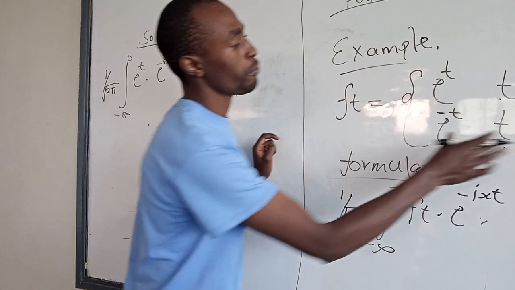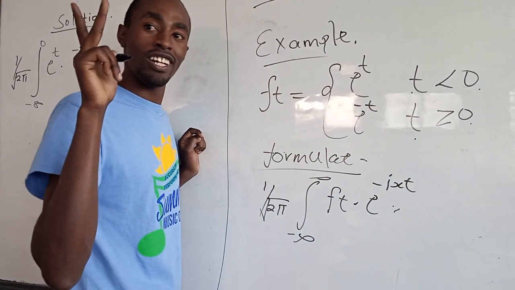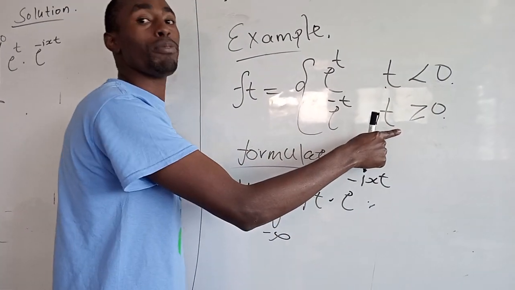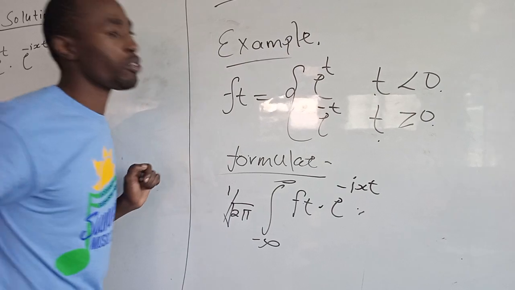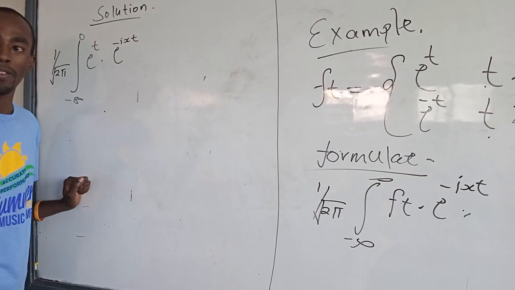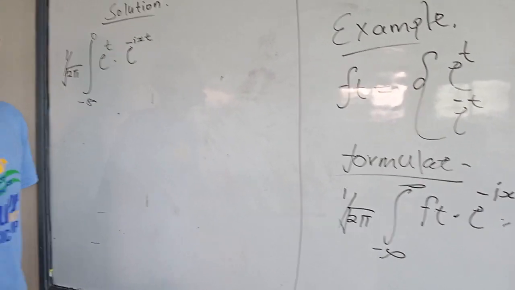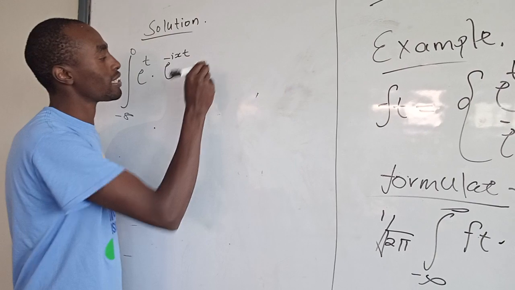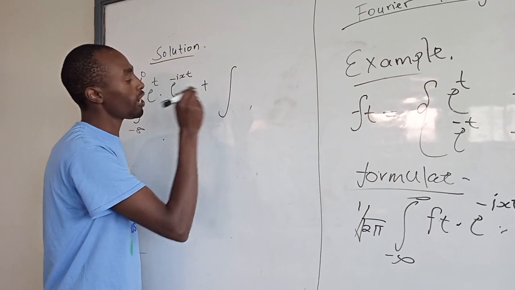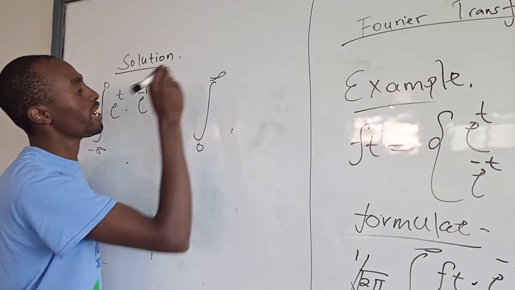Mind you, we have two conditions: t less than 0 and t greater than 0. What sign are we going to use to differentiate the two? We are going to use addition, that is plus. Remember, we are still also going to integrate from 0 to infinity.